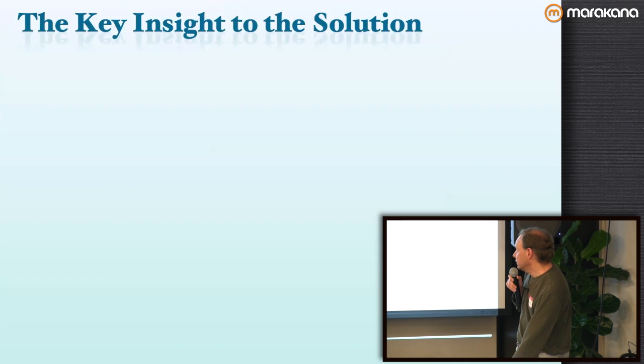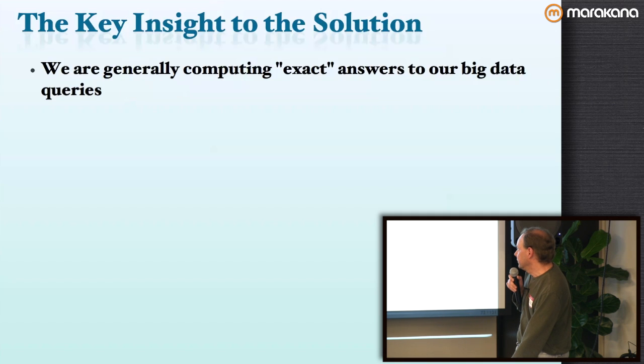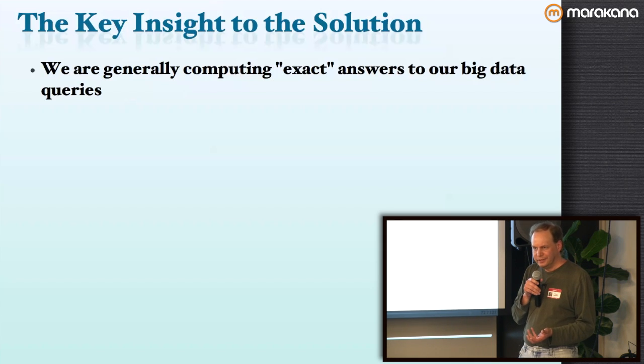But the key insight to this problem is that right now we're generally computing exact answers. We go through our entire data set and run clustering against it, or some other machine learning algorithm against the entire data set. That gets us as good an answer as we could possibly get, but I put "exact" in quotes because it's still not a perfect answer, because our data sets aren't perfect.